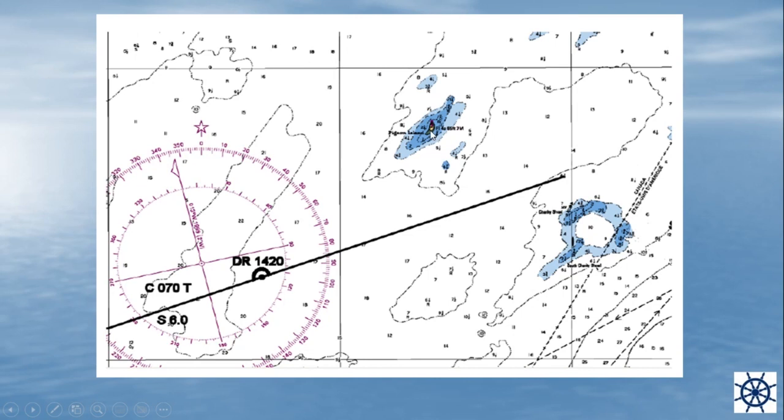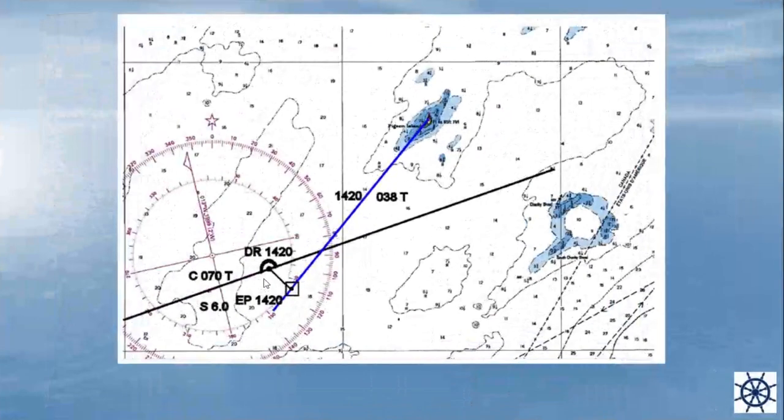There is a reference point there. We have the dead reckoning position at 1420. Now, we take a first bearing coming from a reference point at 1420 with a bearing of 038 degrees, and draw from your fixed reference line towards your course line.